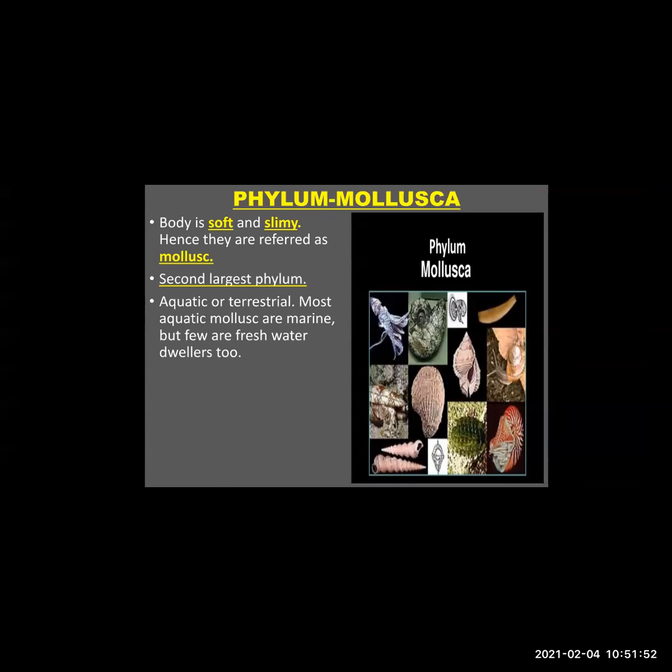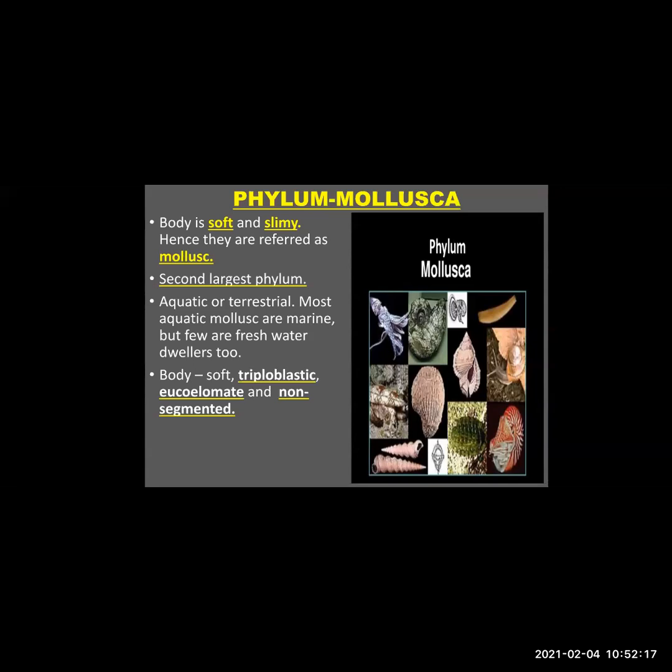And even terrestrial. Terrestrial means they are found on land also. Now, again, a very important characteristic: how is the body of the animals of this phylum? The first point itself, I said the body is soft and slimy. So you have to remember the body is soft.